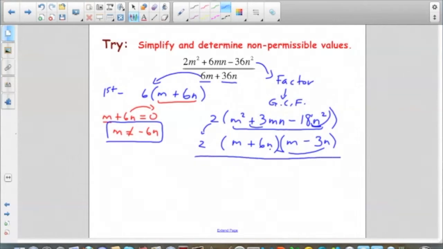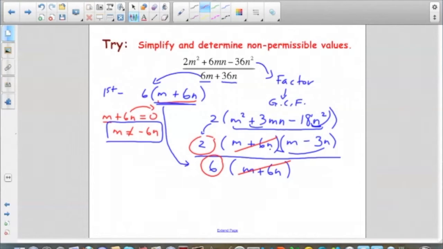Now let's bring in the bottom that we simplified. So now this comes down into play, this bottom part, 6 times (m plus 6n). Now, can we cancel out? Certainly. We have this and this, that cancels. Now, can the numbers out here simplify? And they can, to 1 over 3.